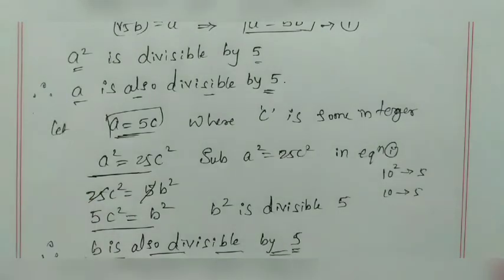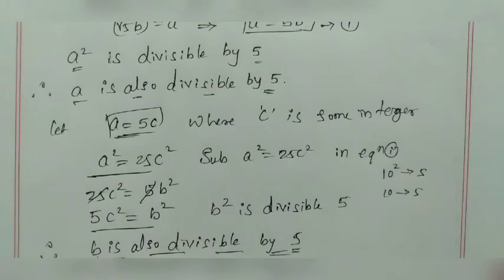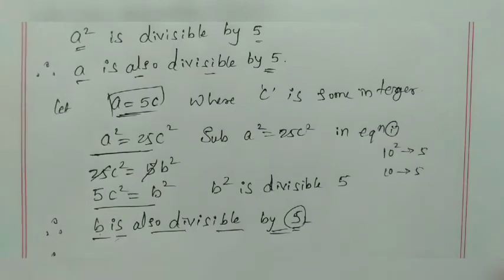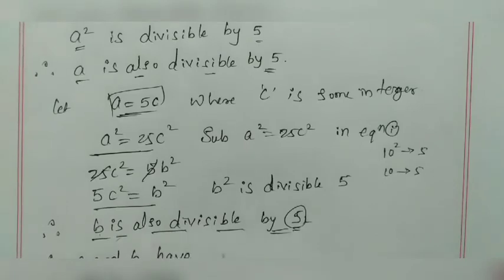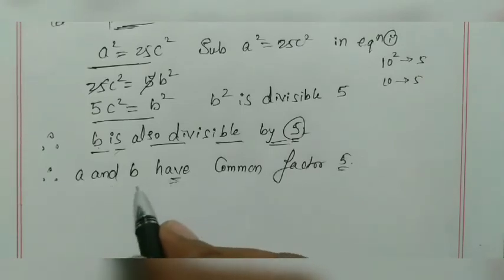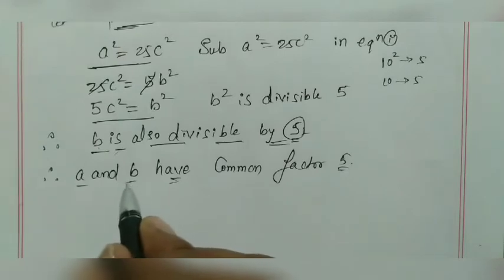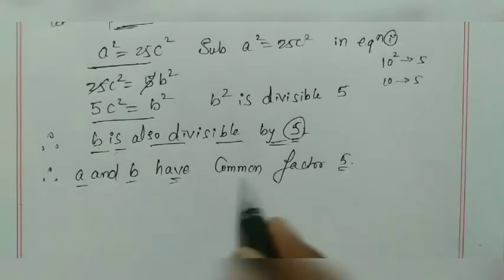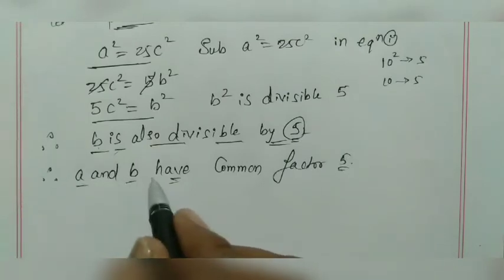It means both a and b have common factor 5. Therefore, a and b have common factor 5. If these two have common factor 5, this contradicts the fact that a and b are co-prime, because we already considered a and b to be co-prime, but here we got 5 as a common factor of a and b.